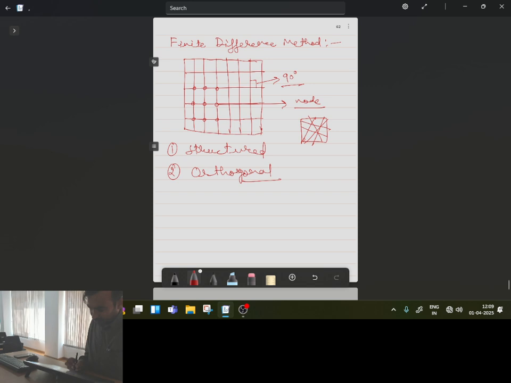So typically, if you have some curved domain, say something like this, then it is easy to divide this curved domain into a large number of finite volumes. However, you will not be able to get a proper structure at the outer boundary.